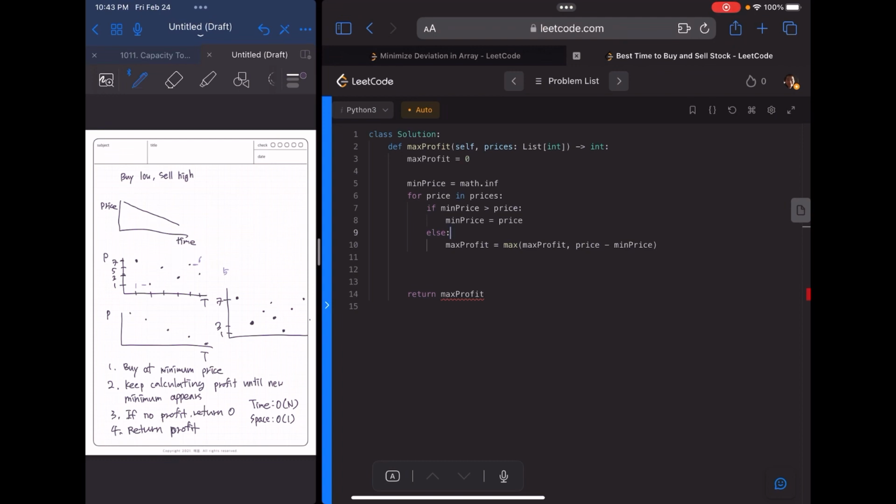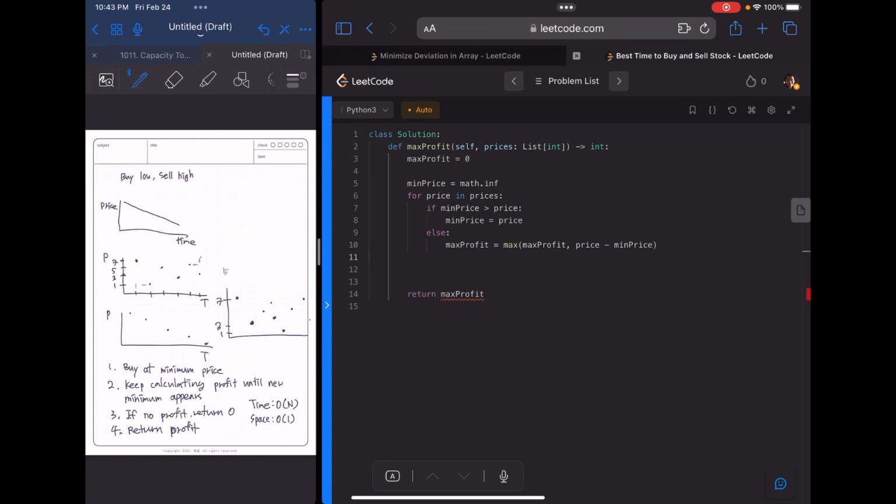So if price is greater than min price, we calculate the maximum profit. What happens if price is lower than min price? Then it's gonna update the min price to the smaller number, but it's not gonna calculate the profit, because you are not buying yet from that point on.